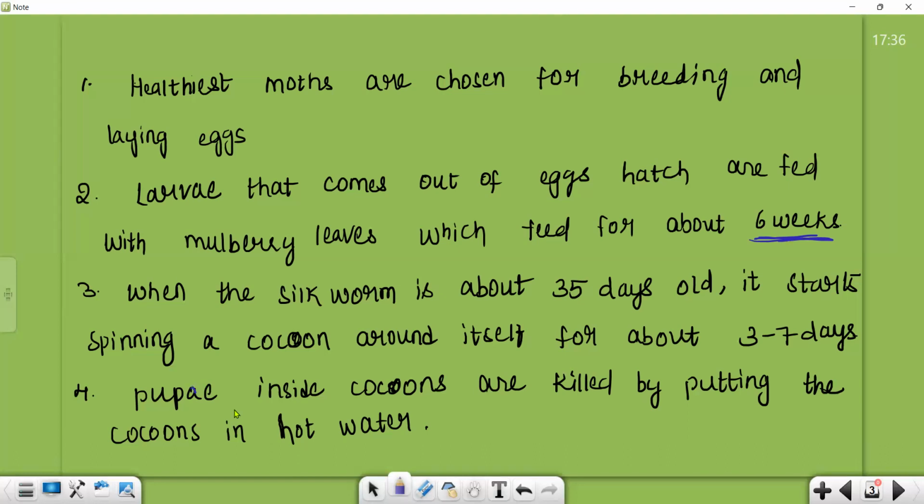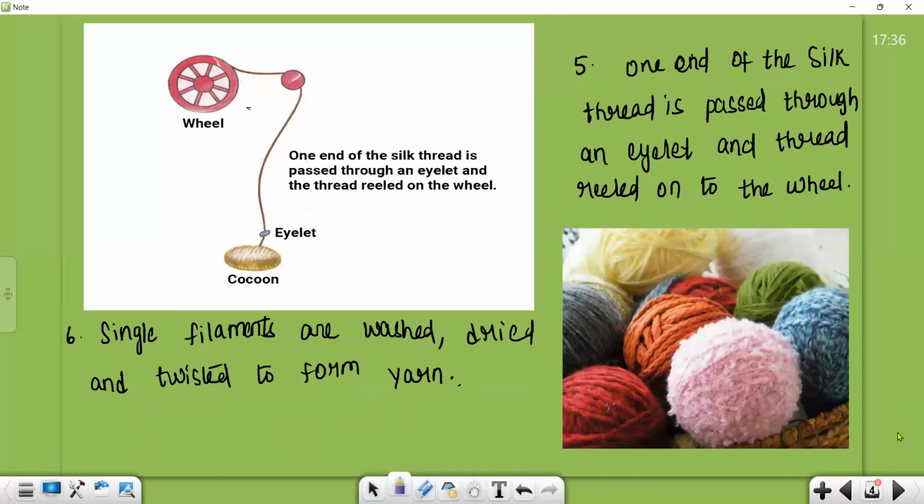The people who rear them know whether it is in the pupa stage. In the pupa stage, they kill it by placing it in hot water, and from that cocoon the silk is separated. How is it separated? One end is passed through the eyelet, which is further rolled on the reel. Okay, so the single filaments are washed, dried, and twisted to form yarn.